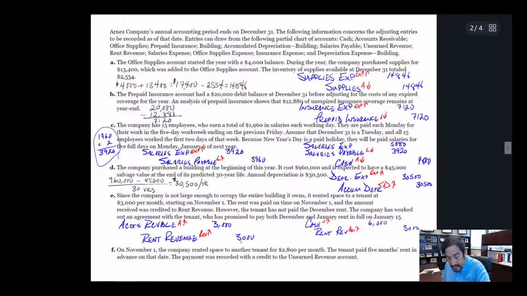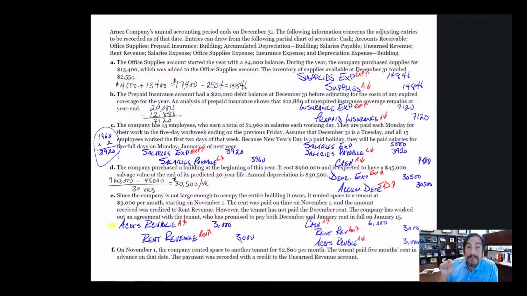We're going to get rid of this accounts receivable right there by crediting it. It is an asset account, and we are reducing it. We're getting rid of it completely. So the full $3,000. So they paid us $6,000.